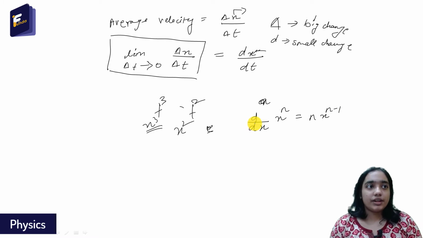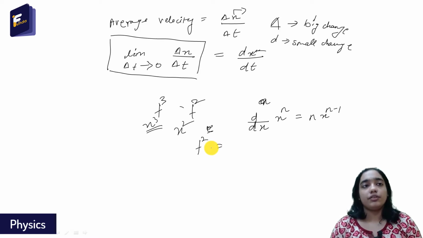So if I differentiate t square, what will be the value after differentiating? It will be 2 into t to the power 2 minus 1, which is 2t.